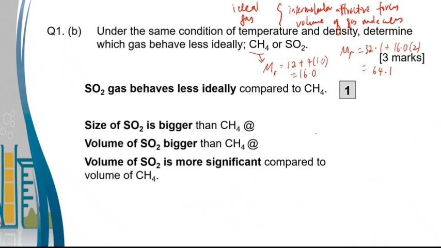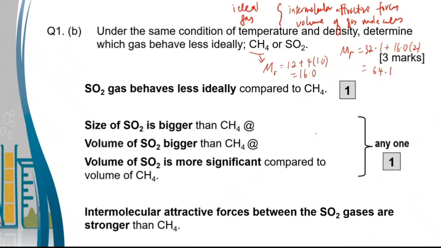or the volume of sulfur dioxide is more significant compared to the volume of methane, because these are all related to the molecular size. Intermolecular forces between sulfur dioxide gases are stronger than that between methane molecules.